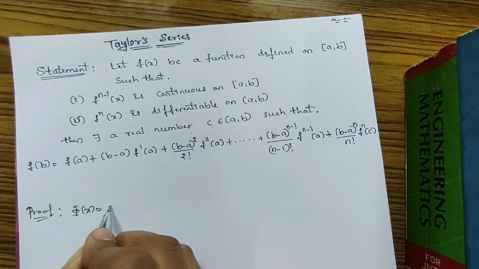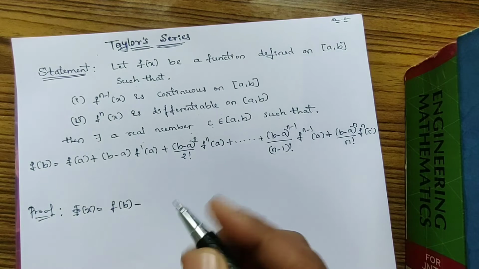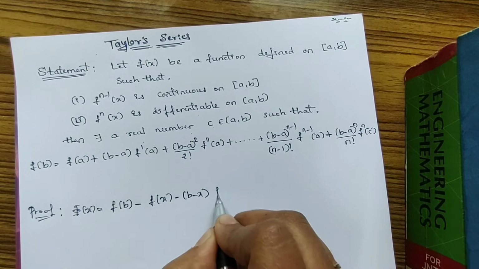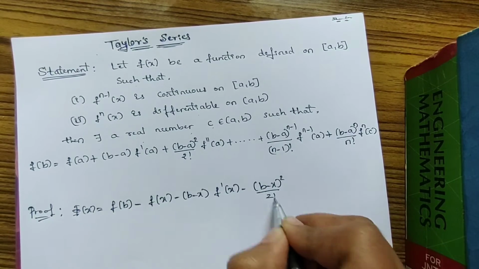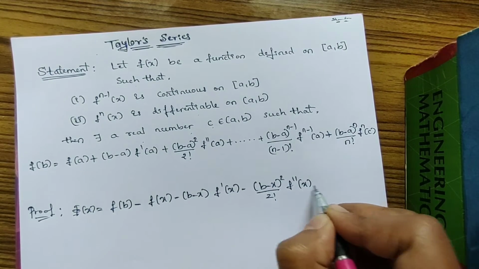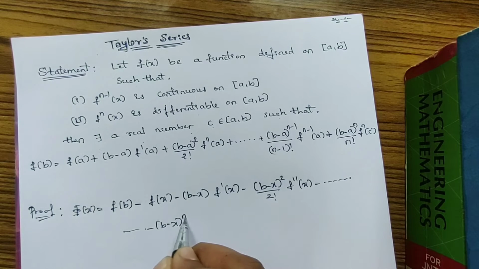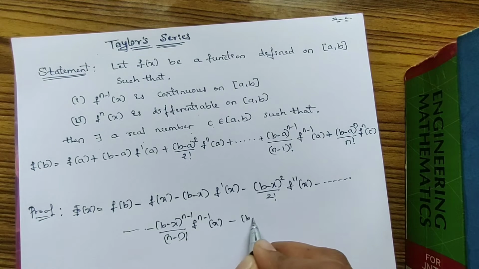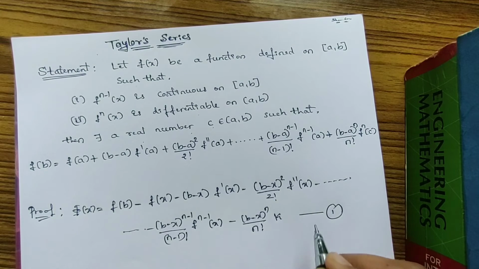So phi of x is equal to f(b) - f(x) - (b - x) f'(x) - (b - x)^2/2! f''(x) - and so on, - (b - x)^(n-1)/(n-1)! f^(n-1)(x) - (b - x)^n/n! k. Let me call it equation number 1.